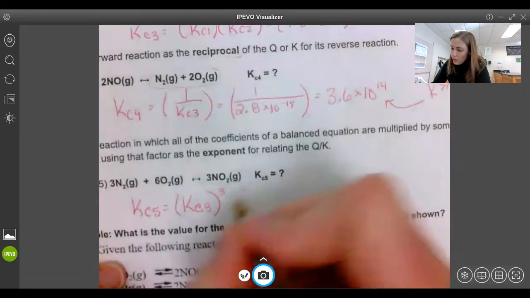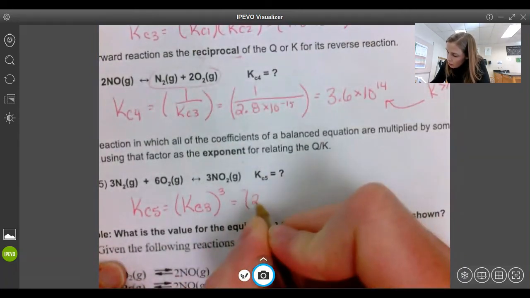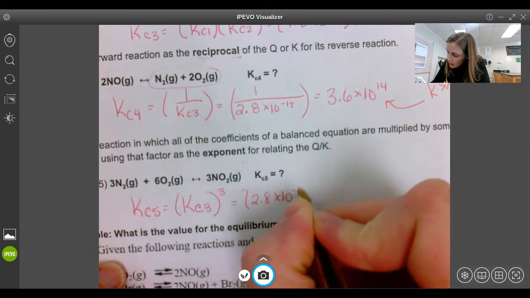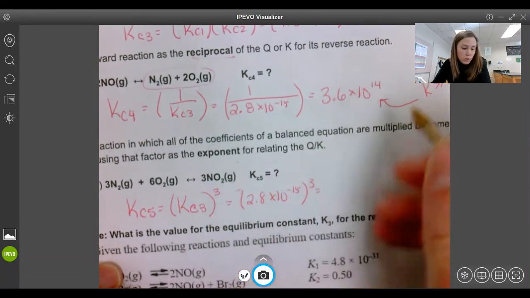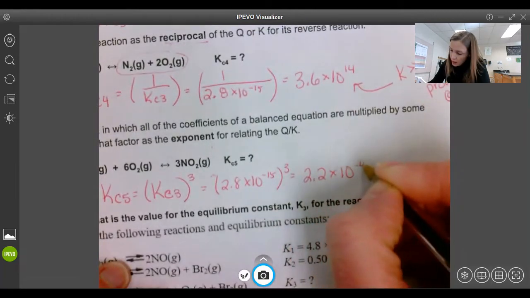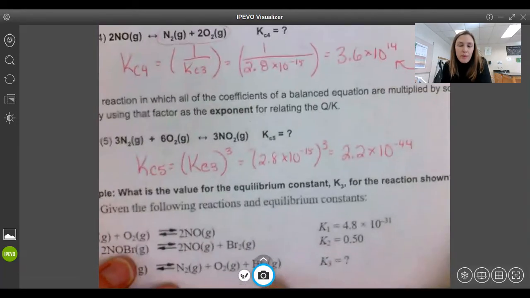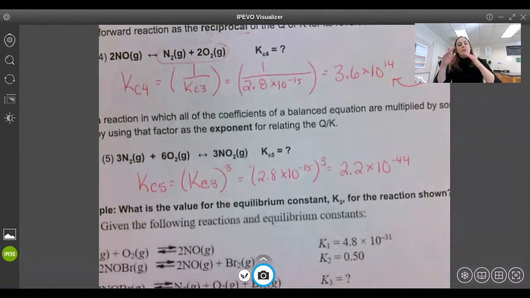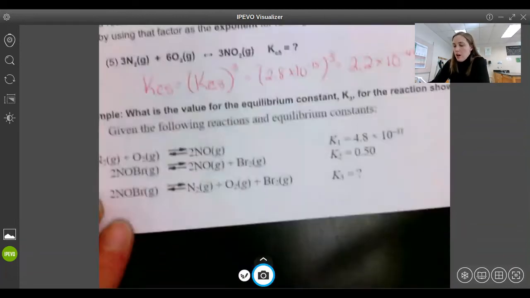I'm going to cube it. So if I take my value of 2.8 times 10 to the negative 15th, and I cube it, I get 2.2 times 10 to the negative 44th there. Okay. All right. So you want to be comfortable with manipulating our equilibrium constants using those 3 different possibilities.